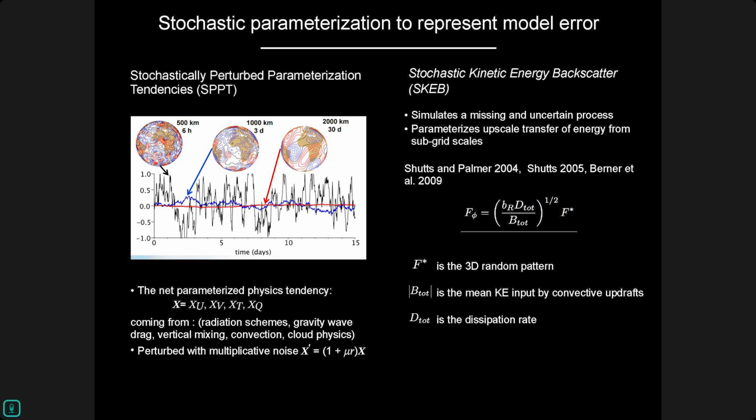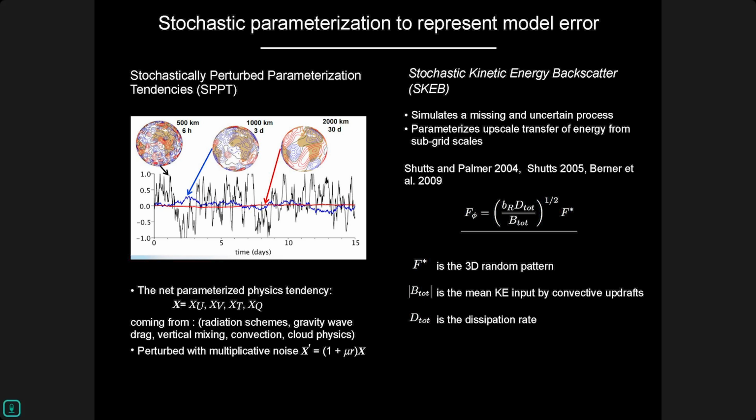So that gives you a tendency, which is d by dt of that term, temperature or humidity. You do 1 plus a random noise times this physics tendency. So you're saying you know that tendency, but there is an error in that tendency. So you want to sample around that value. So that's one representation of model uncertainty in the system.